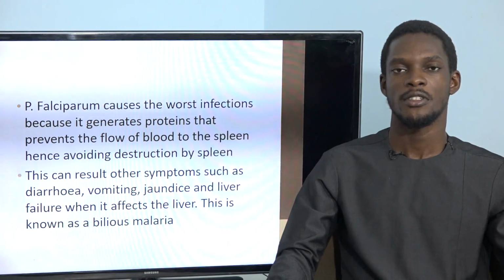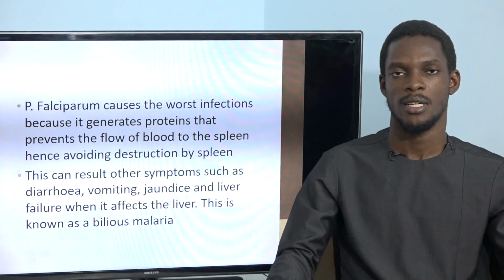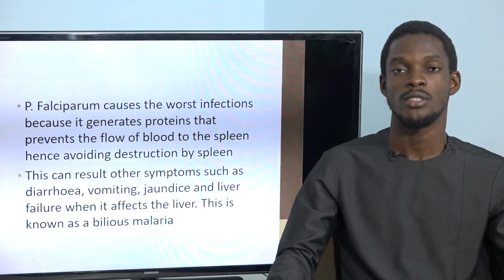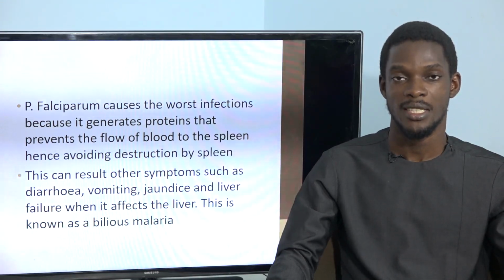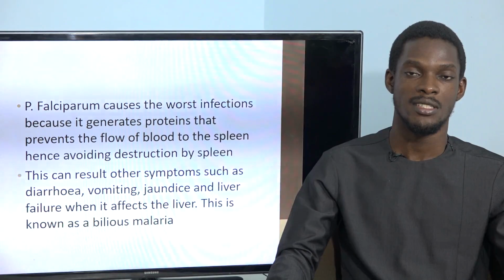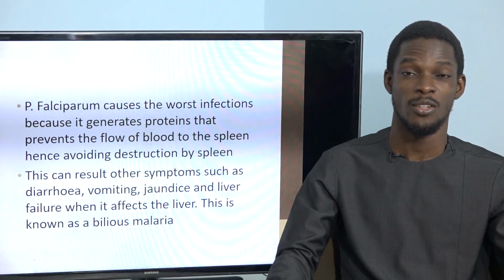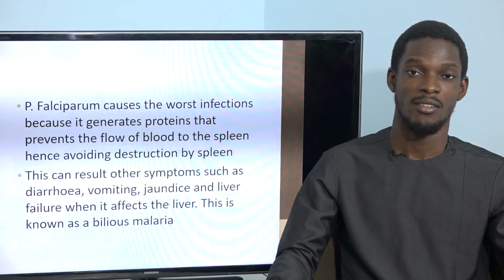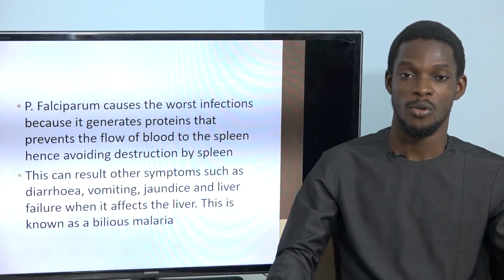We know the spleen filters blood and destroys red blood cells that have been infected. P. falciparum releases proteins that ensure that platelets aggregate and therefore it does not go into the spleen to be destroyed by the spleen. I hope it makes sense. And since this parasite is not sure exactly where the spleen is, it can release this protein almost everywhere and anywhere.